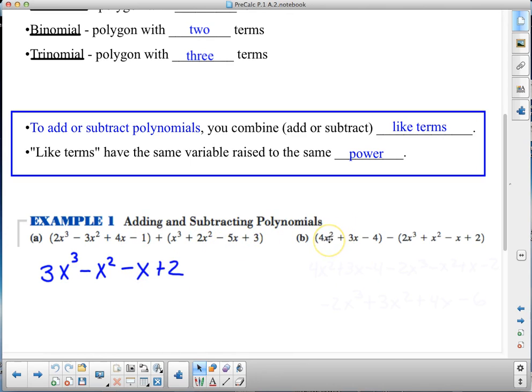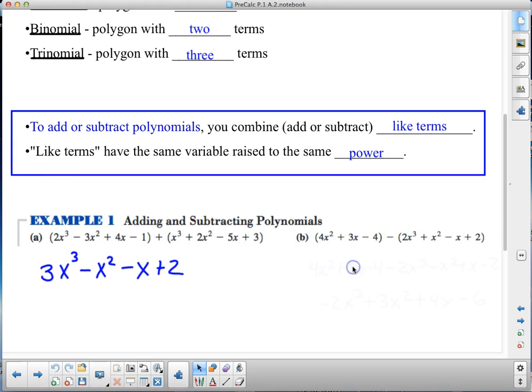Now in example 1b, we're looking at 4x squared minus 2x cubed. Now, when this is going on, I got 4x squared and 2x cubed combining, but I also got this negative sign. So I'm just going to rewrite the second one and take the opposite of everything inside and distribute that.